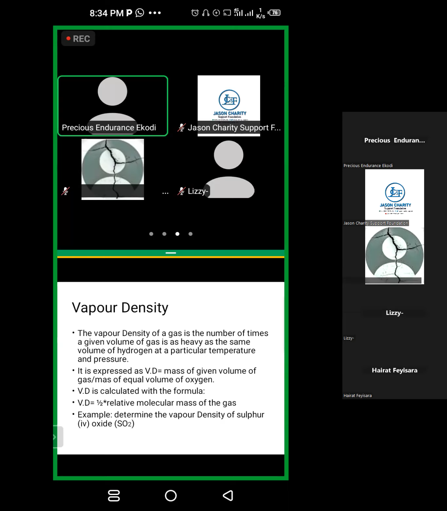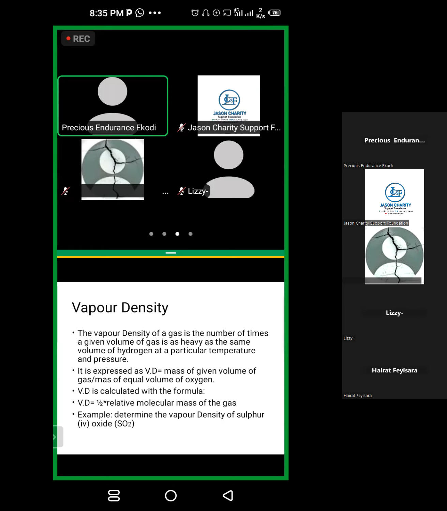That's why we always see oxygen as O2. So the relative molecular mass, or molar mass, of oxygen will be 16 times 2, which gives you 32. By the time you divide that 32 by 2, that will give you 16. So the vapor density of oxygen gas is 16.